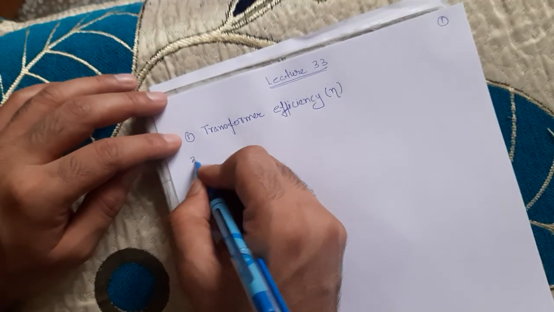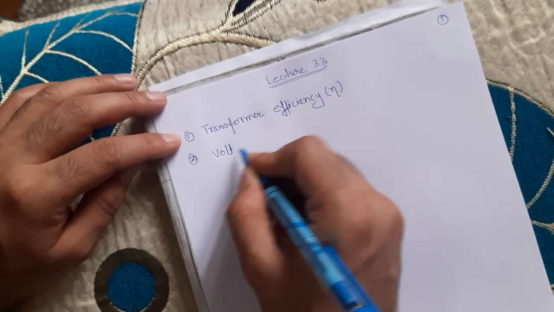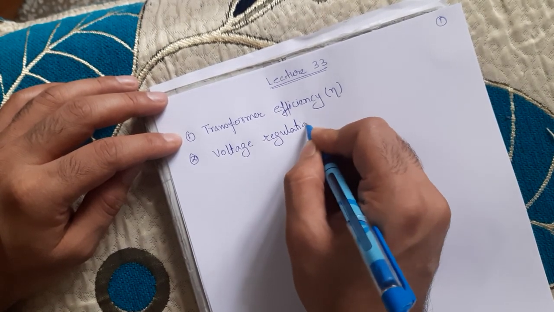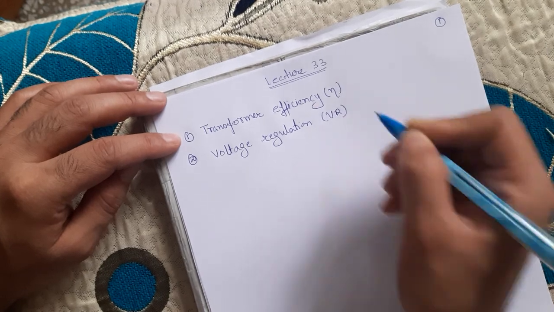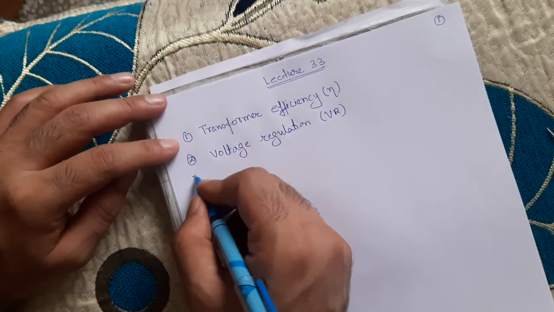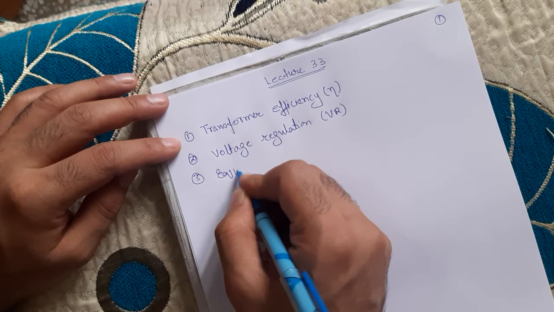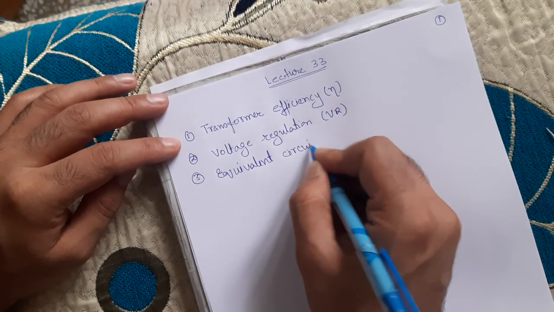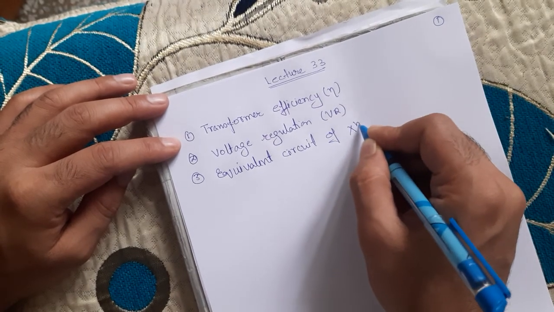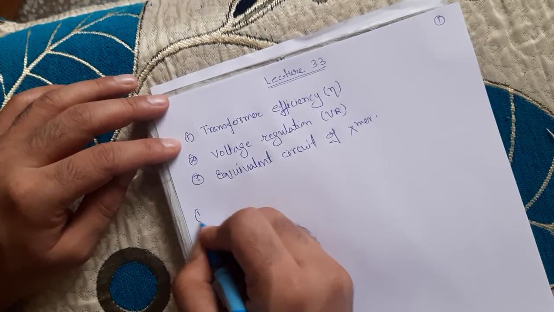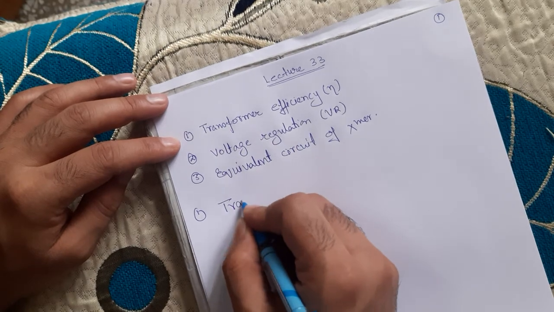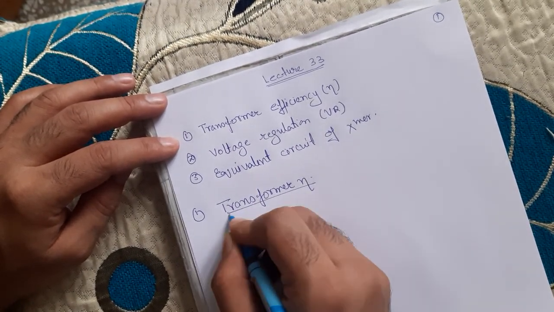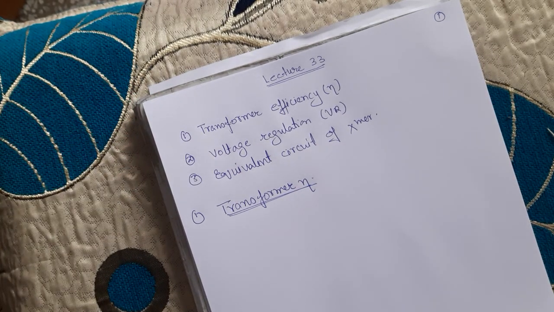Second, voltage regulation, denoted by VR. And third, the equivalent circuit of a transformer. First I will talk about the transformer efficiency.